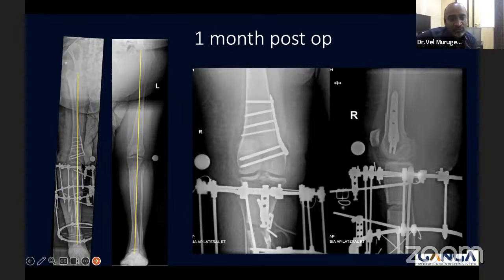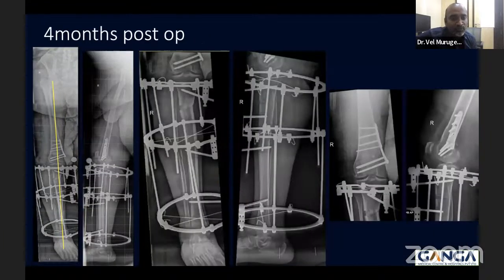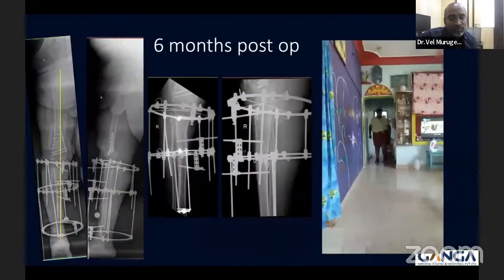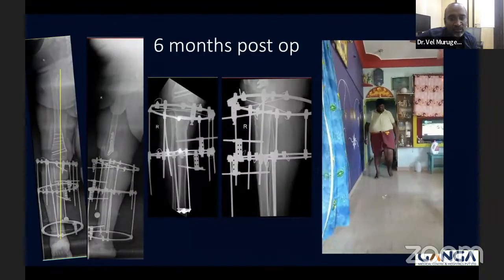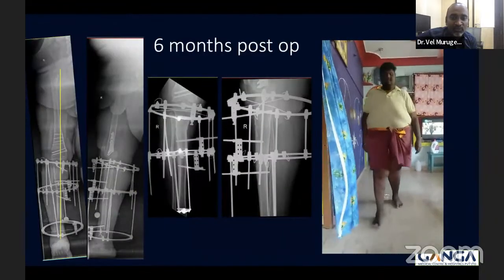We did not want to shift it too medially, because his BMI was high, and medial loading can again result in medial side osteoarthritis. This is at 1 month post-op, this is at 4 months post-op, this is at 6 months, and this is the final follow-up at the time of ring removal.